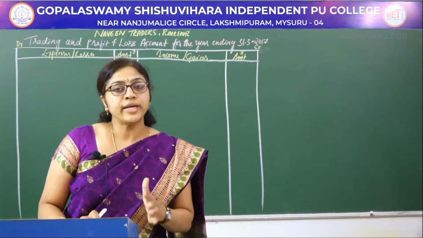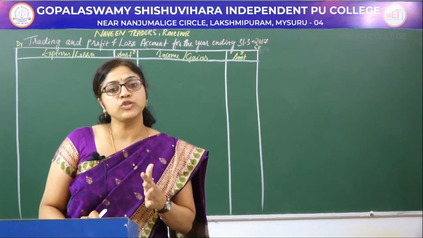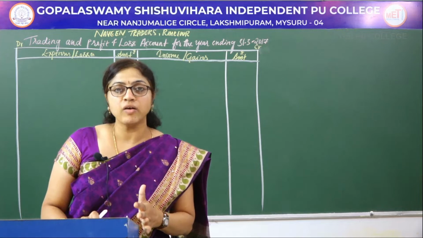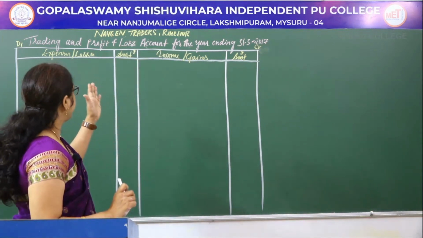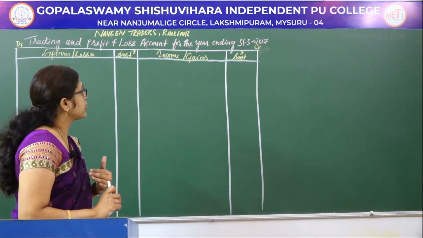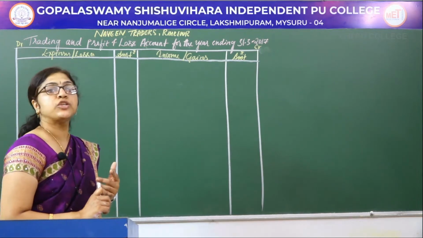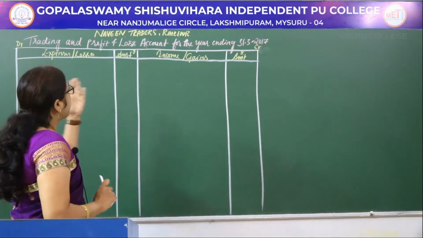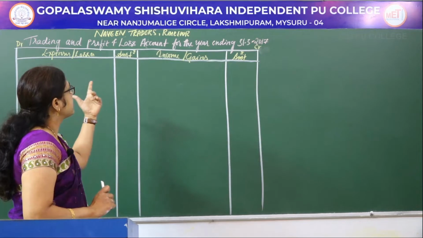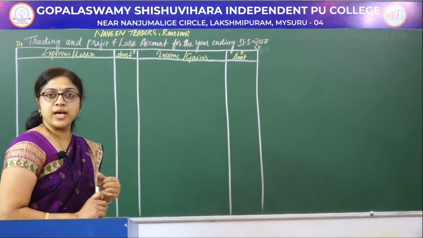So we already identified the which amount as to be recorded in trading account. So first write the heading trading and profit and loss account for the year ending 31st 2017, debit as well as credit, expenses, amount, incomes as well as amount.